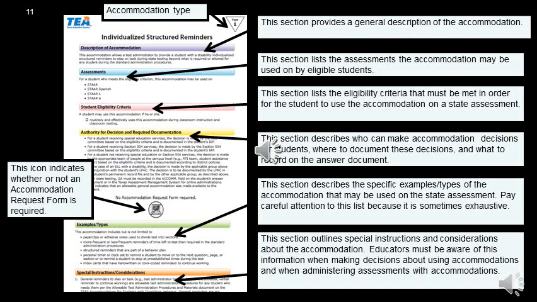Pay careful attention to this list because sometimes it is exhaustive. Special instructions and considerations about the accommodation. Educators must be aware of this information when making decisions about using accommodations and when administering assessments with accommodations.